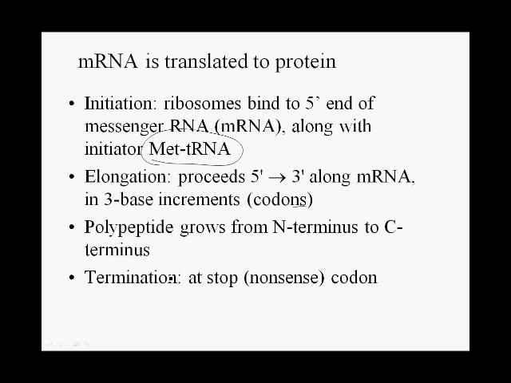Since new amino acids are added to the carboxy terminus of a polypeptide chain, polypeptide chains have a directionality, where one end has a free amino group and the other end has a free carboxy group, and new amino acids are added on to the carboxy group. So polypeptide chains grow from N terminus to C terminus. And finally, we get termination at stop or nonsense codons.